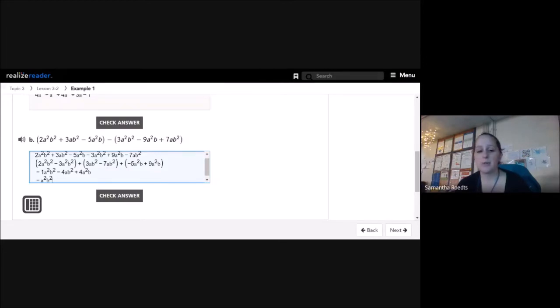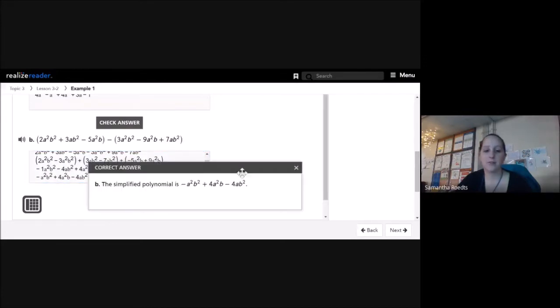So in this case, it would be 4a squared b minus 4ab squared. Really, either is correct, but I'm going to put it in that order because it's a squared b, so there's still 3 here, and 1 plus 2 still gives me 3, but there's more a's, and a comes first in the alphabet.